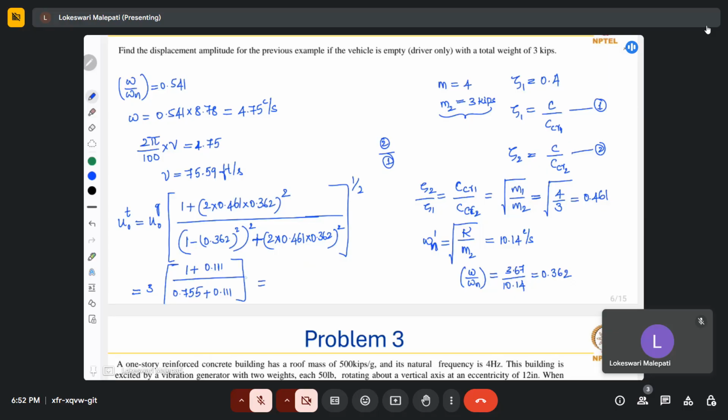I got a value of 3.85. Okay, the answer is 3.85 inches.